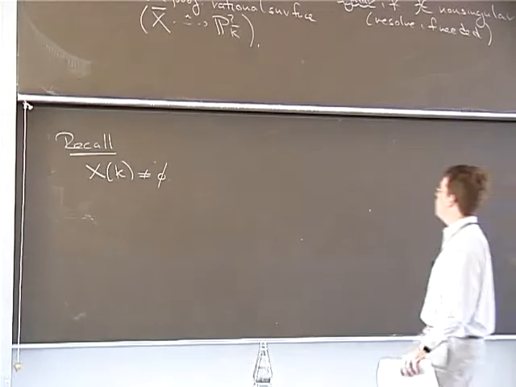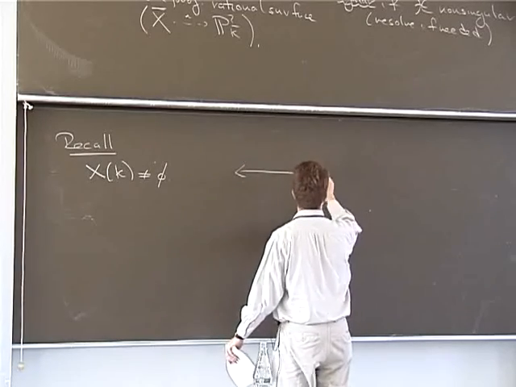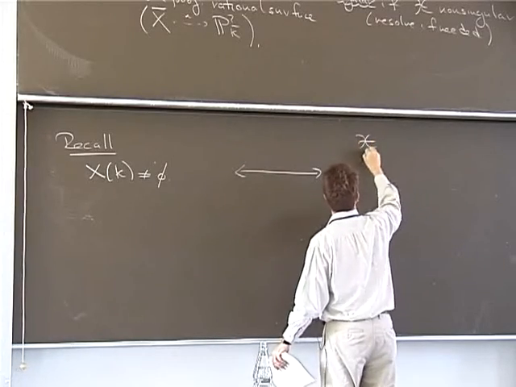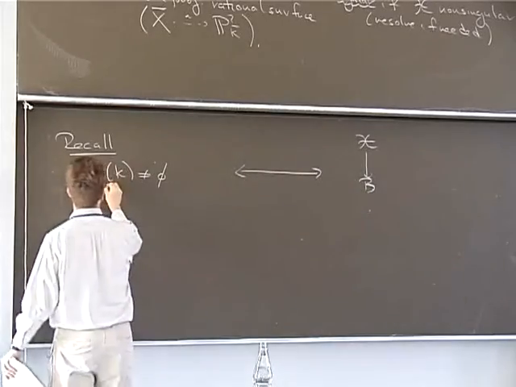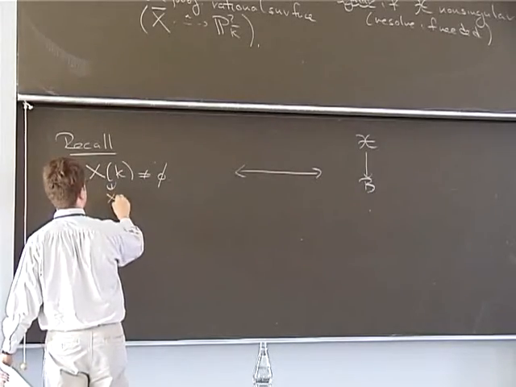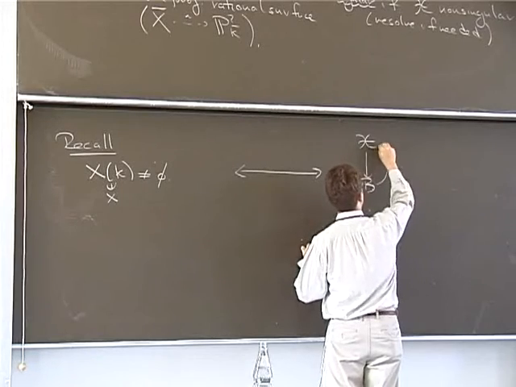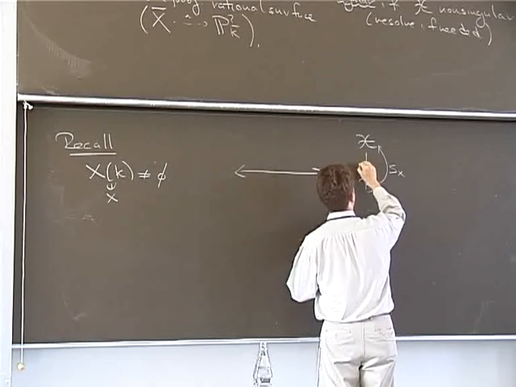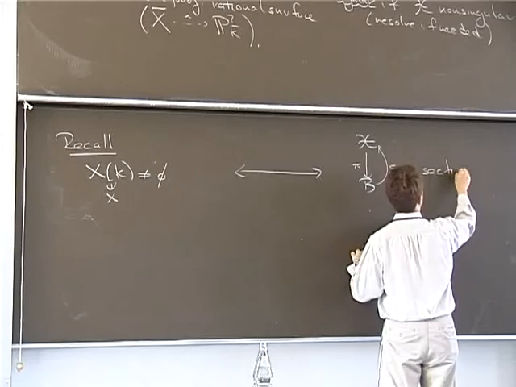So let me translate what this means on the level of the model. So on the model, a rational point will correspond to a section. This is a section of this morphism.